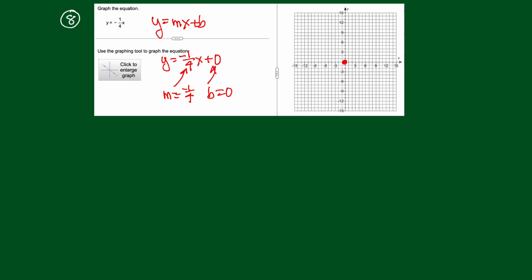That's pretty tight. I'm going to do it again. To the right 4, 1, 2, 3, 4, down 1 will put us here. Did I get that right? I think I went down too many. Yeah, I did. Okay, so let me back that out. All right, so to the right 4, down 1 will put us here.